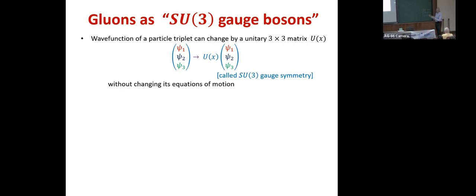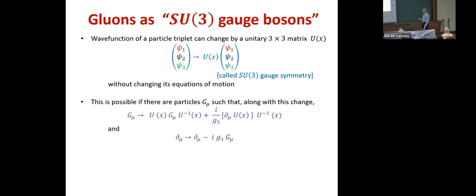So earlier we would have given up, but now we know this great technique of adding gauge bosons, and things just seem to work. So what do we do for this slightly complicated beast? You can still do this if you have particles, which are now called G mu. Firstly, this G mu under this gauge transformation transforms in this way.